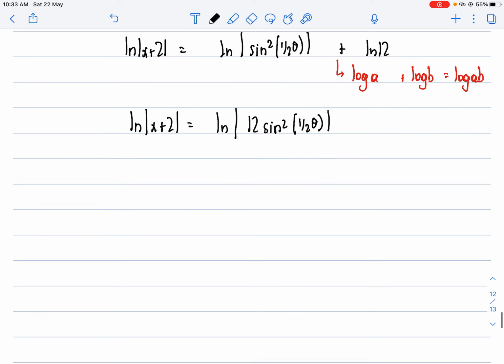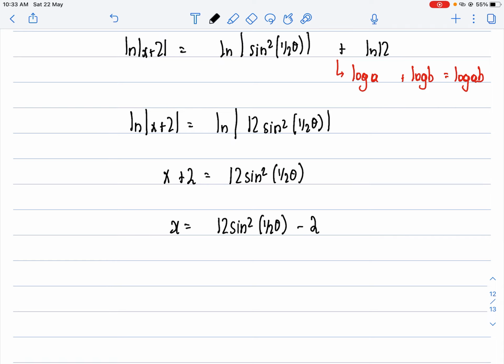Now I can cancel ln on both sides, so I get x plus 2 equals 12 sine square half theta. So I can write this as x equals 12 sine square half theta minus 2.